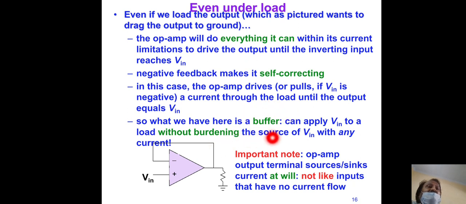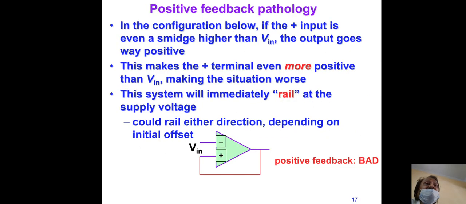It works as a buffer, and also as self-correcting, since negative feedback stabilizes the output. So these are the conditions of the operational amplifier when you connect the load, with and without feedback.